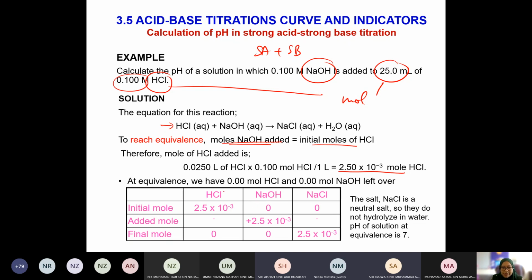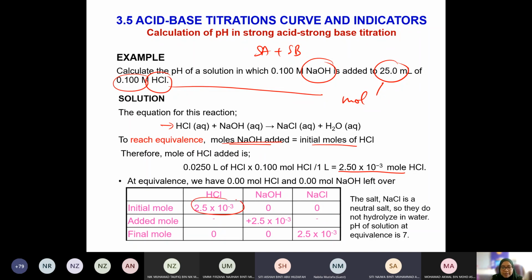Okay, alright. So we have the mole of HCl. Initial, this is at initial, that means we only have HCl. So we don't have sodium hydroxide and sodium chloride. Okay, and then the added mole, later on, kita tambahkan sodium hydroxide. And then kita start adding the sodium hydroxide. So how much mole will be added in order to reach the equivalent point?